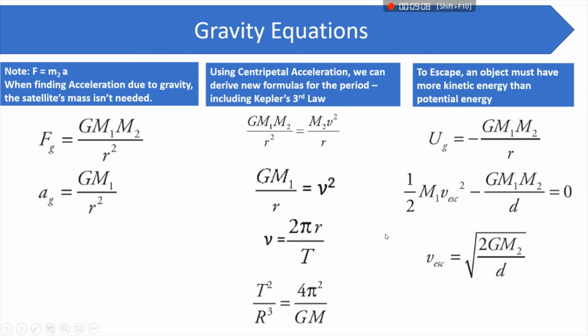So you are not given a lot of these formulas. However, you can rederive them if you need to. So all the information is on the sheet somewhere, but you will have some work ahead of you. If you want a shortcut, then you can memorize any of the other equations that you want. If you feel like you can derive them from scratch, then feel free to derive them from scratch.